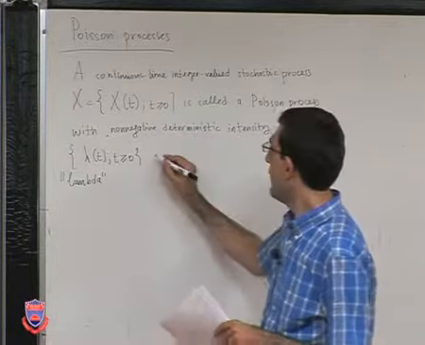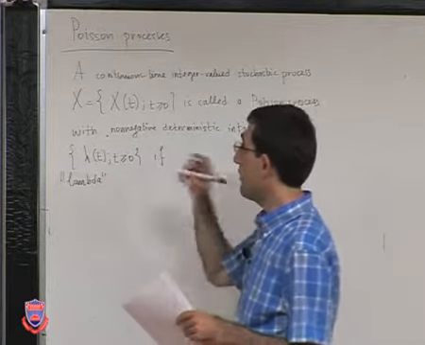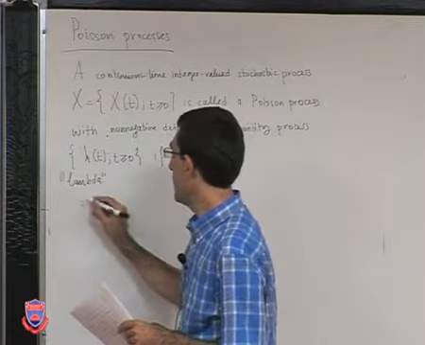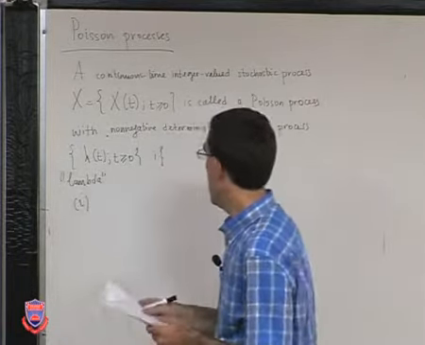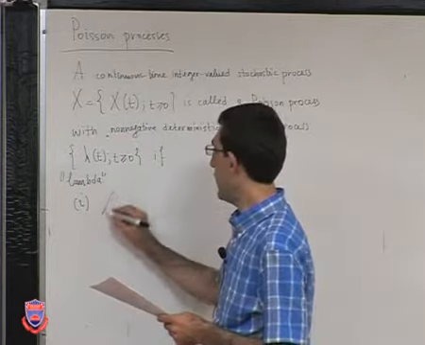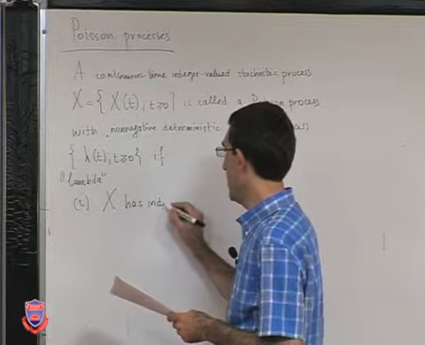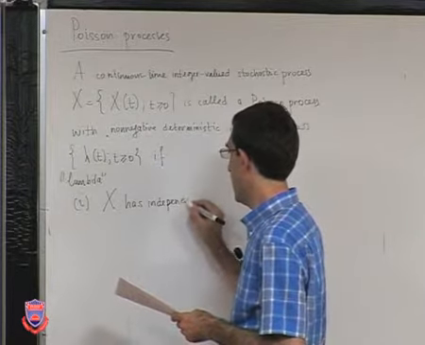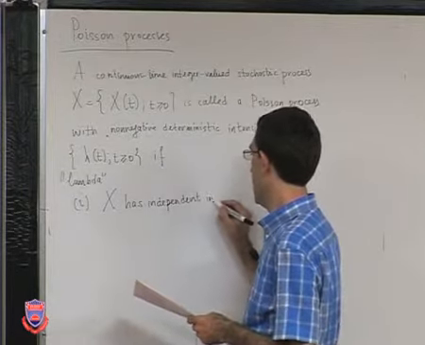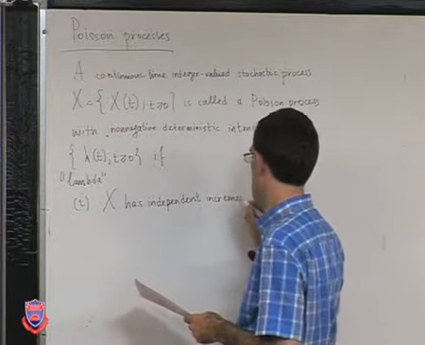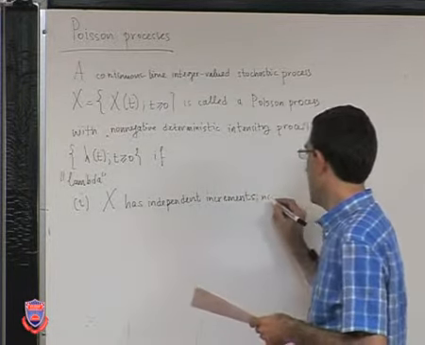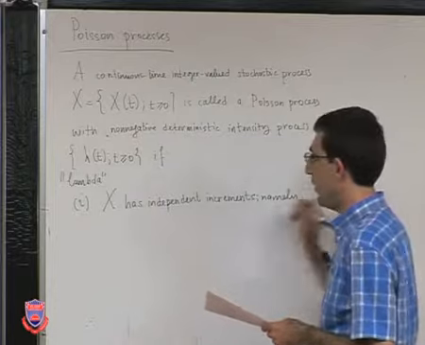If the following two conditions are satisfied by this process, the first one is that process X has independent increments. And the meaning of this is the following.